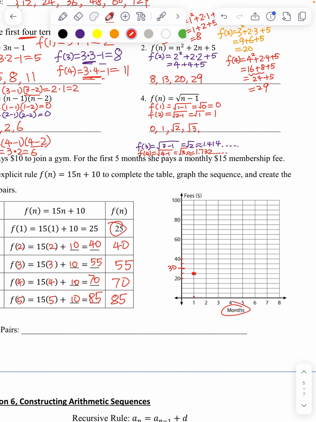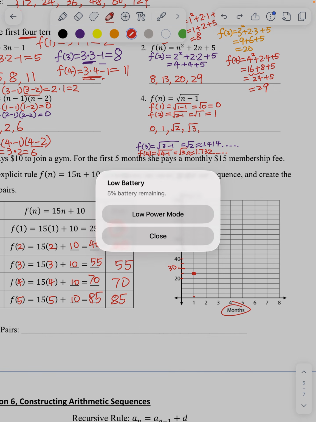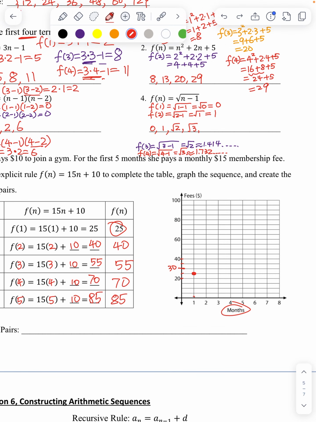Second month, total cost is 40. Third month, total is 55. Second month is 40 right here.